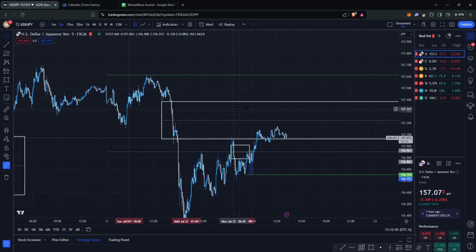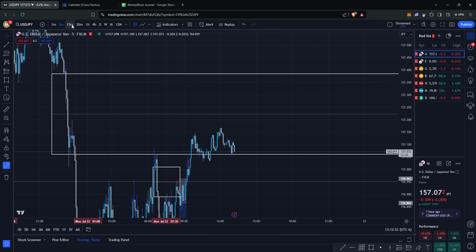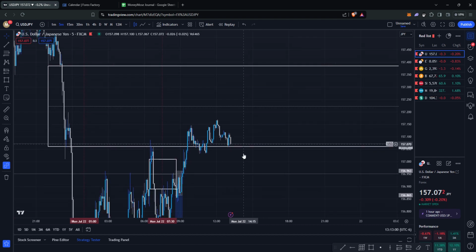I wish I would have waited and been a little more patient until we saw price move up into this hourly fair value gap again. That would be more probable, but we didn't get that push up until like 9:40, and by the time that happened, it's lunch hour in New York. That's why I've been consolidating, because it's still lunch hour.